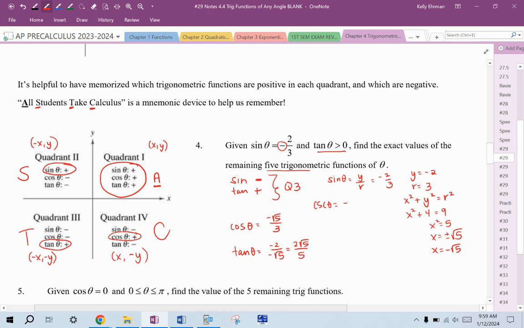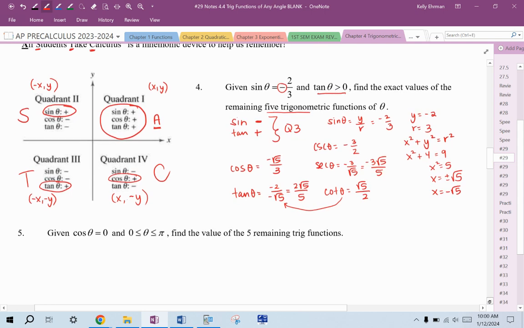So I didn't need any of this to find cosecant theta. Secant theta is the reciprocal of cosine, negative 3 over radical 5, which you need to rationalize, negative 3 radical 5 over 5. And finally, cotangent theta. Remember, take the reciprocal of your non-rationalized function so that it's much easier. You just get radical 5 over 2, positive because the negatives divide out, and that's the final answer.